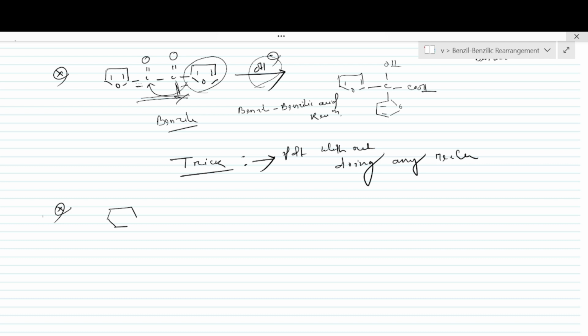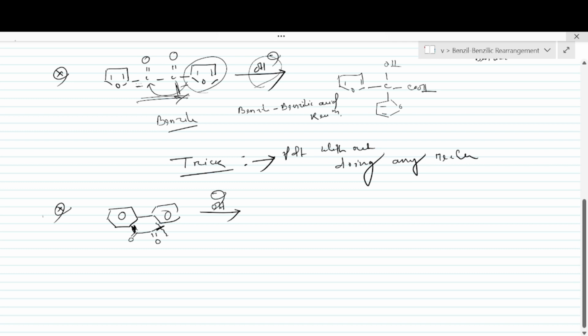So if you are given this as a substrate, this is the alpha diketone species, and hydroxide. What I told about the tricks, you have to clip this bond or this bond and form a new bond with the next carbon atom.